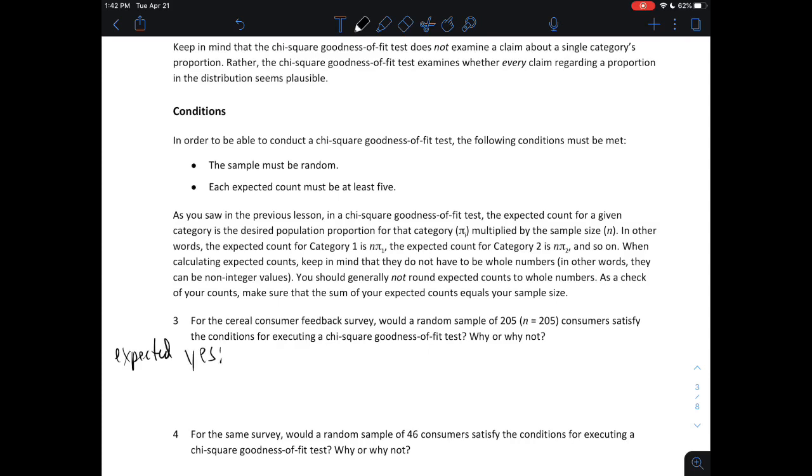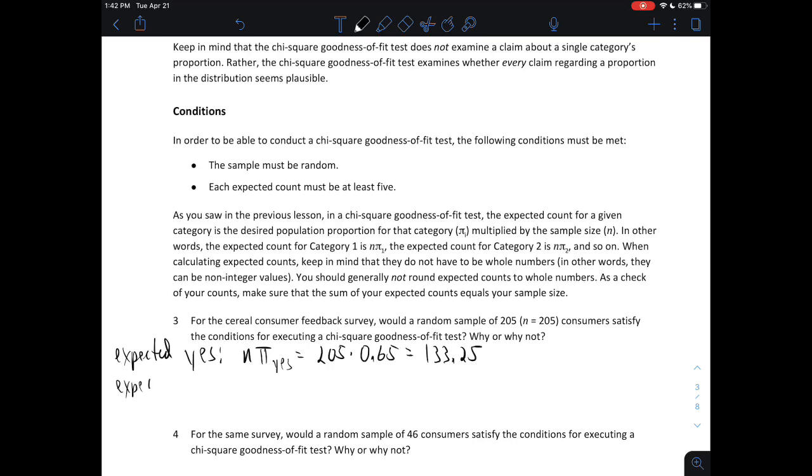That would mean take our sample size n and multiply by the pi sub yes value. So that's 205 times what we said pi sub yes was equal to, 0.65. And when you multiply those two numbers, you will get 133.25. That's above 5, so far so good.